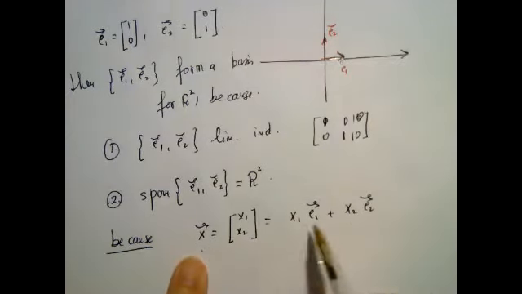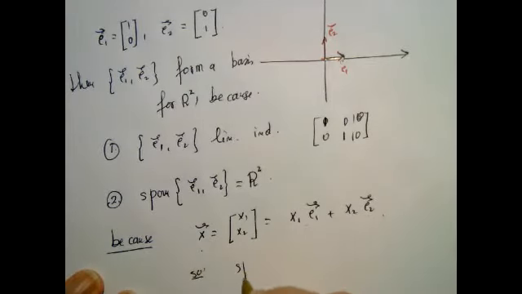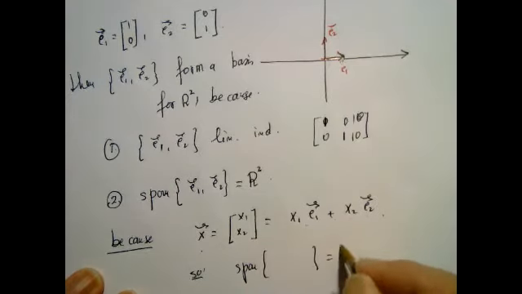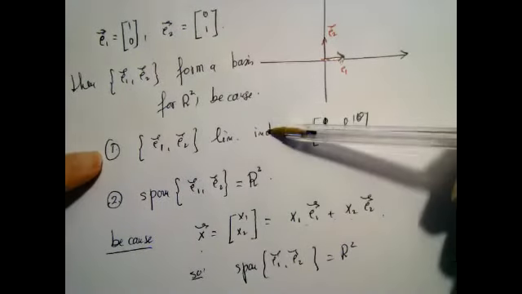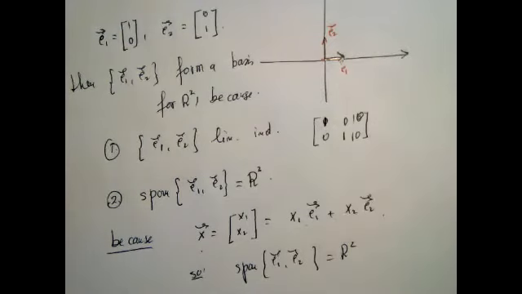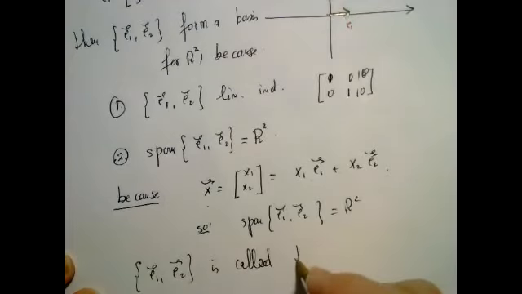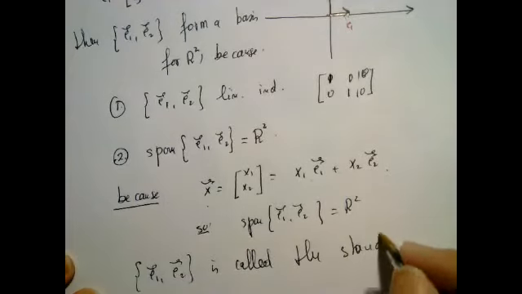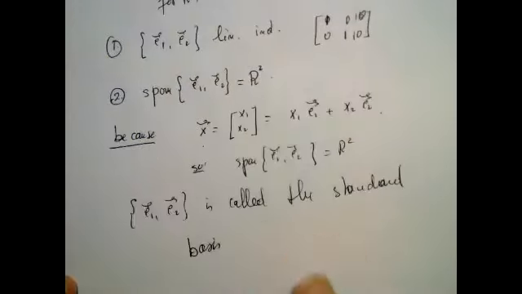Any vector is a linear combination of E1 and E2, so the span of those vectors is all of R2. So E1, E2 form a basis for R2 because they are linearly independent and span R2. This basis has a specific name. E1, E2 is called the standard basis for R2.